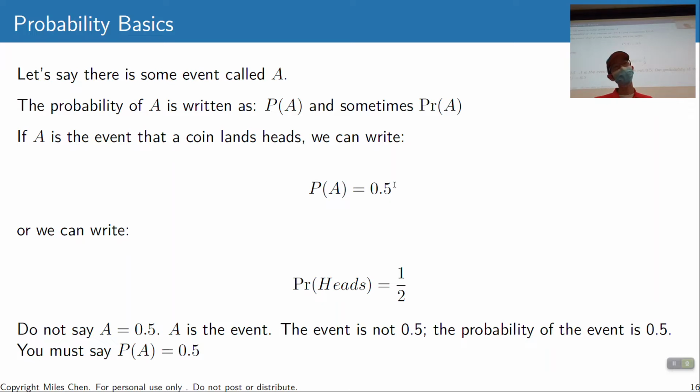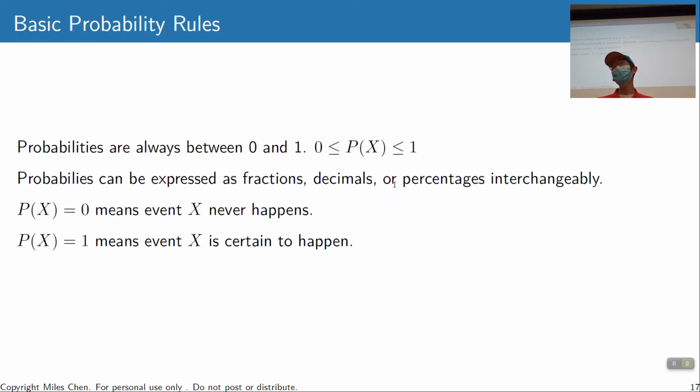Probability of A is 1/2. Probability of A is 0.5. And these are all equivalent. Okay? If the probability of an event x is 0, then that means x never happens. And on the other hand, if the probability is 1, then that means x is certain to happen.